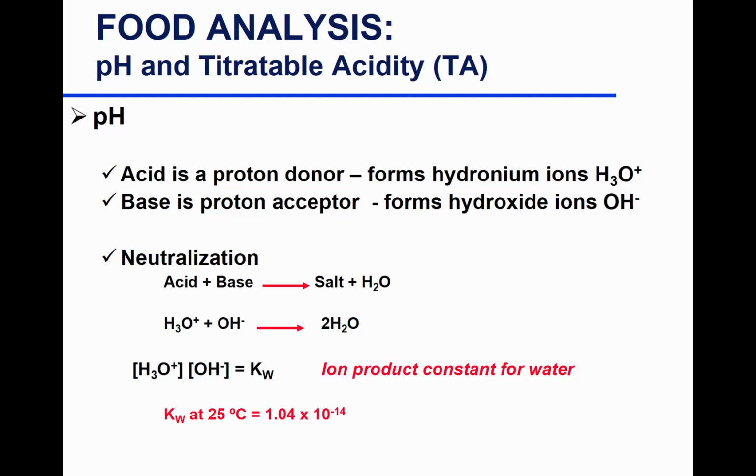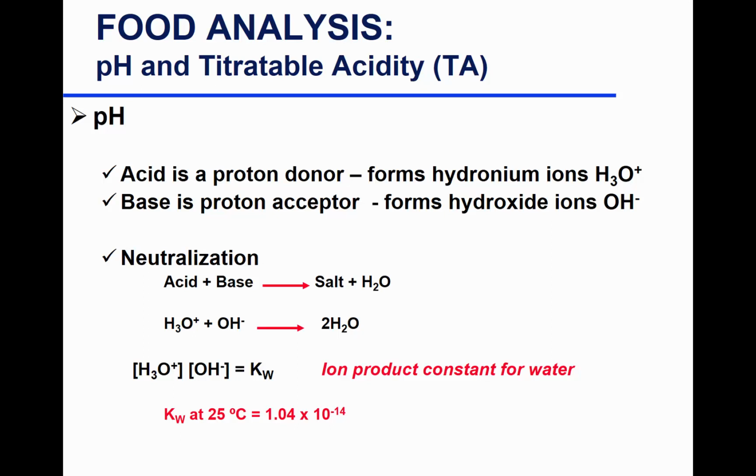So pH, it's simple, you all know this. Acid is a proton donor, base is a proton acceptor. So acid will form a hydronium ion and base has hydroxide ions. In neutralization, acid plus base give you salt plus water.